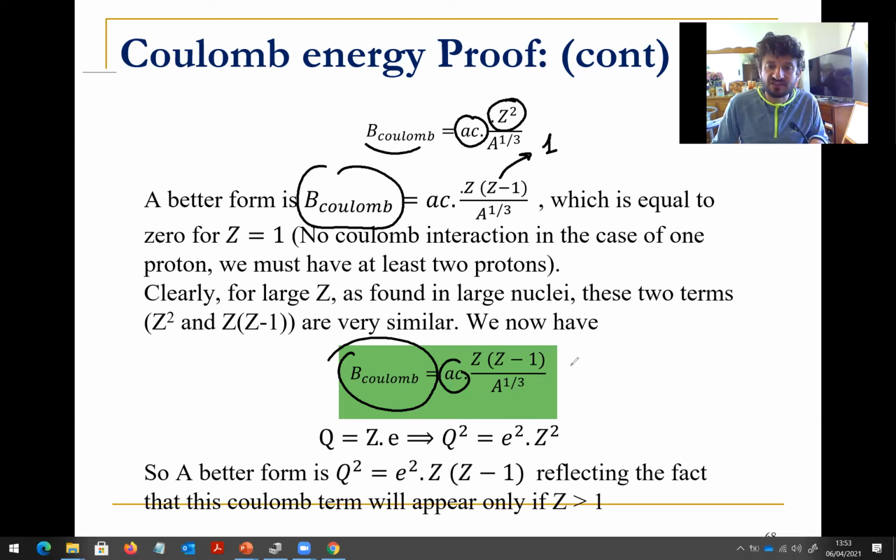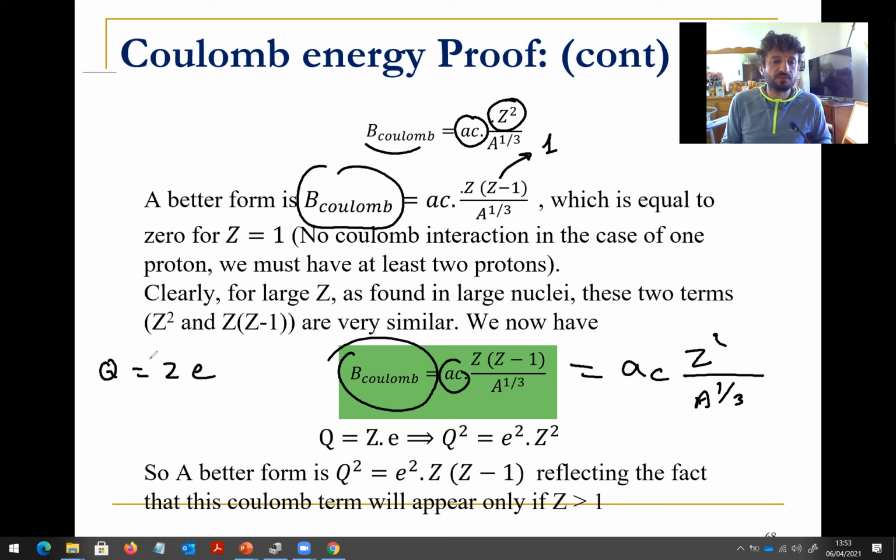You can write like this, or we can say AC Z square divided by A power 1 over 3, the same notation. So before, Q equals Ze, Q square equals Z square times e square.